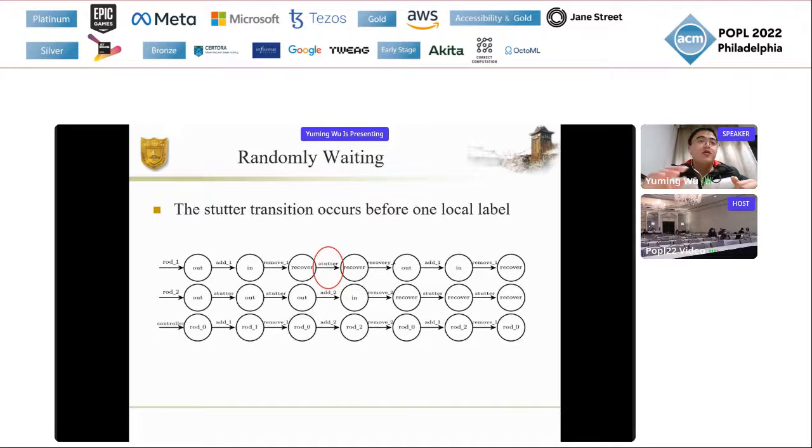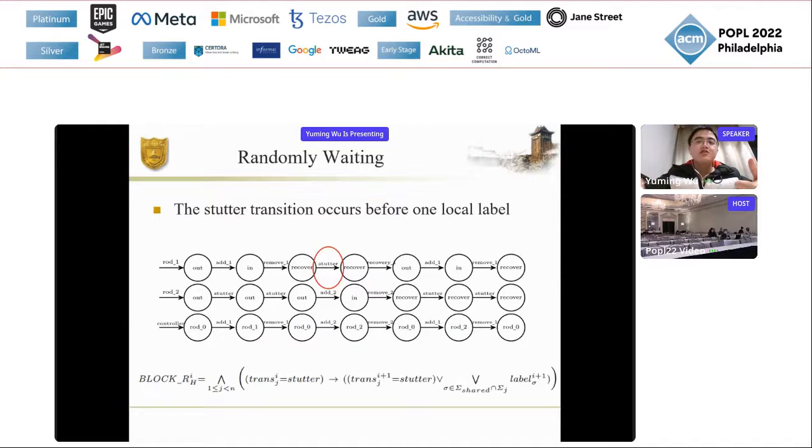The third is random waiting. As shown on the screen, a stutter transition may occur before a local label, recovery 1. We call such conditions random waiting. The purpose of stutter transitions is to make shared labels occur at the same position. Thus, member automata should only enable stutter transitions to postpone a shared label when necessary.